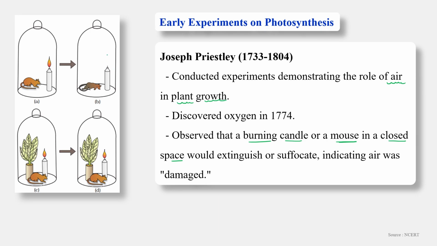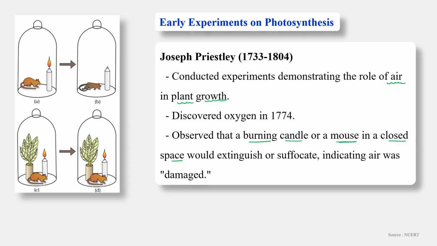The candle is not able to burn, and the mouse also dies. It shows that in a closed space, after some time, the air present in this area gets damaged.